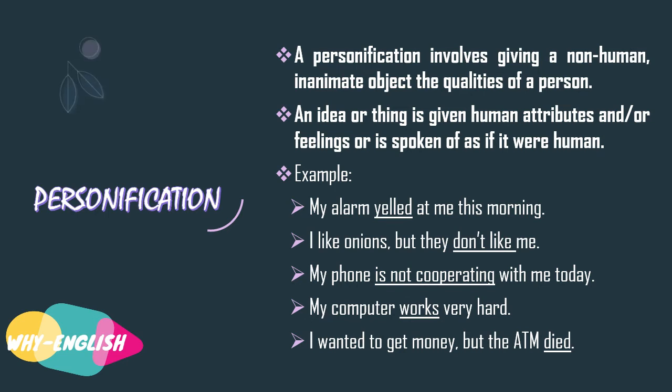Di sini komputer dianggap bisa bekerja, dalam tanda kutip aktif bekerja seperti manusia. And I wanted to get money but the ATM died. Aku ingin mengambil uang tapi ATM-nya mati. Di sini menggunakan kata died ya, yang diperuntukkan untuk benda hidup atau manusia.